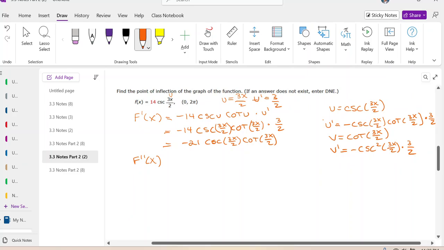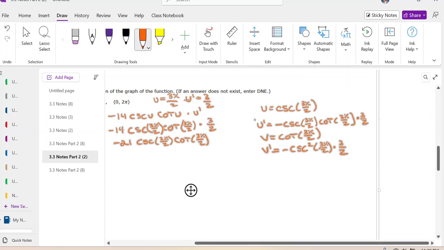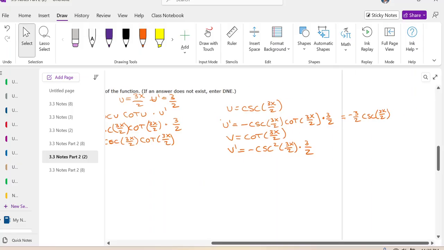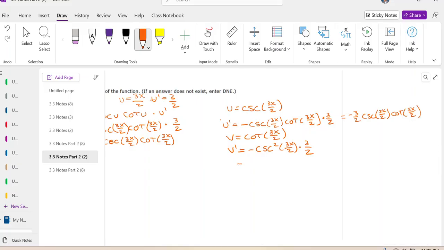So it would actually be negative 3 halves cosecant 3x over 2 cotangent 3x over 2. And here it would be negative 3 halves cosecant 3x over 2 squared.